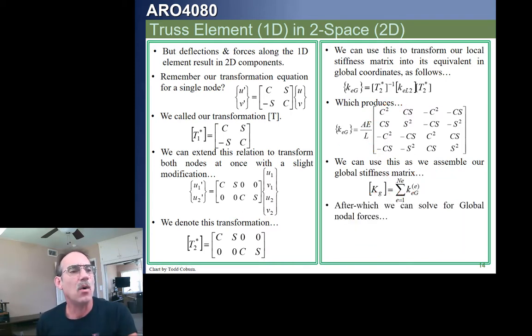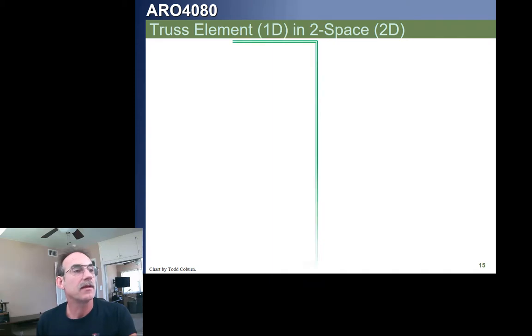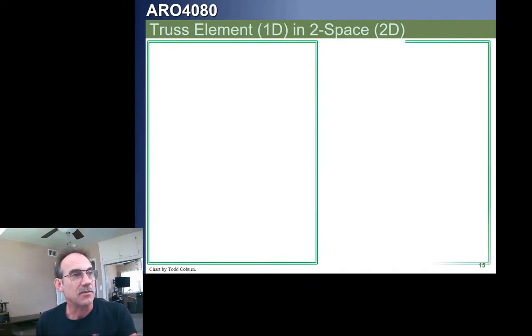So now, once we have constructed our global stiffness matrix, we can use our external loads to solve for the displacements. We're going to have to then, once we construct the system, impose our boundary conditions and solve as we did before. Okay?